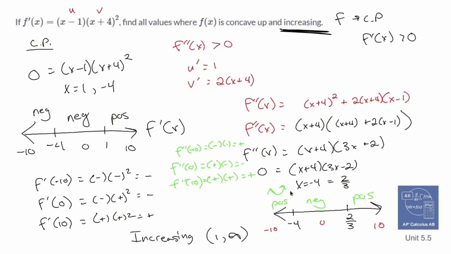You're concave up here, and you're concave up here because of the f double prime sign graph. So I'm increasing from 1 to infinity, and I'm concave up from negative infinity to negative 4, union 2/3 to infinity. So kind of a mess of a problem.